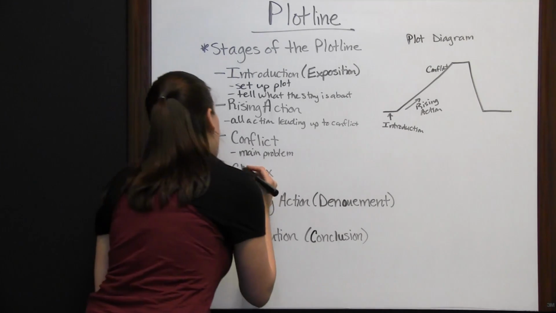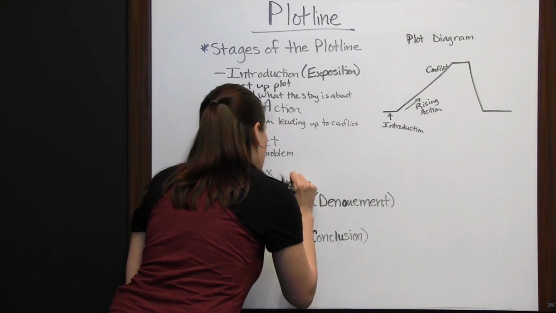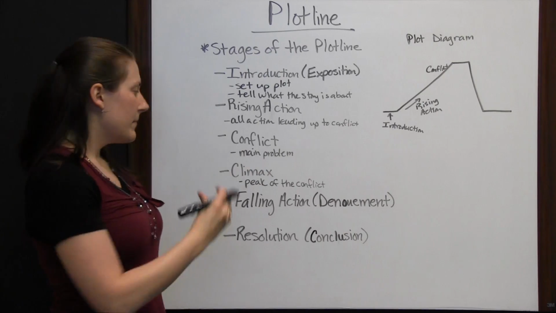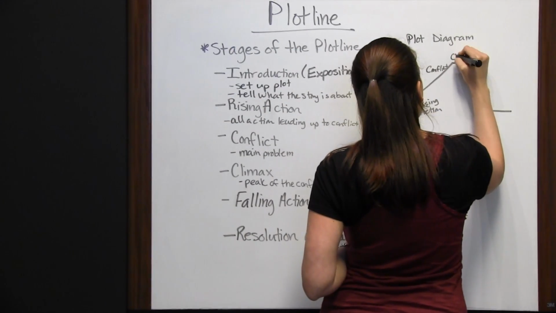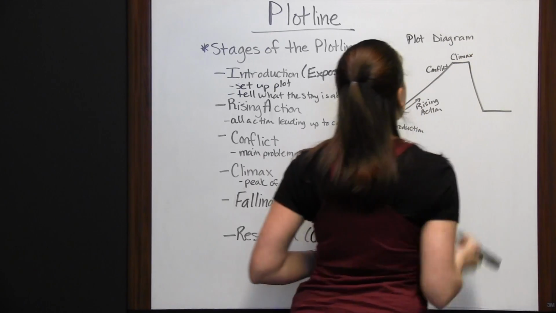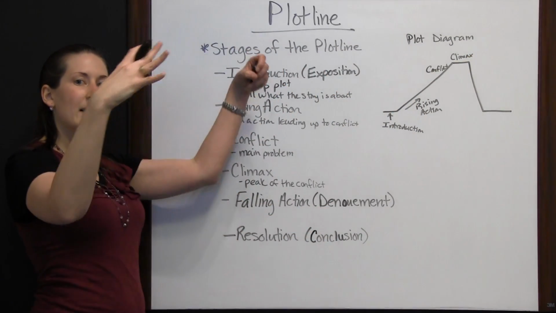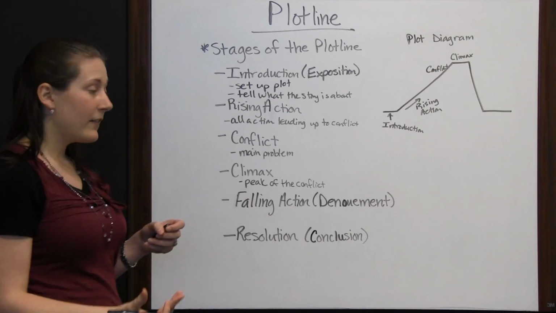It's the peak of the conflict. If there were people that didn't know about this problem, the climax is when everyone finally finds out. So the climax is up here at the top. It's when all that action that's been building up and rising finally comes to the top, and after that your story starts resolving itself.